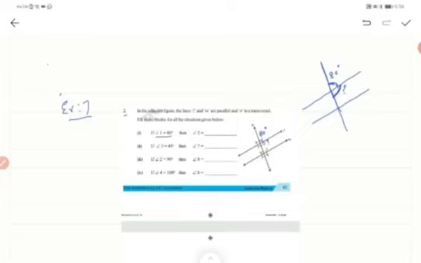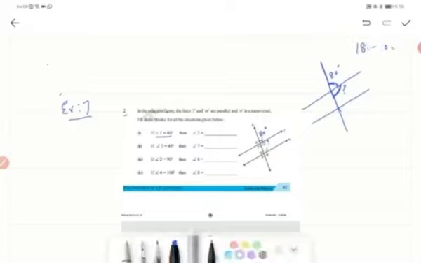If they are supplementary, you write angle 1 plus angle 2 is equal to 180 degrees. We know angle 1, so angle 2 is equal to 180 minus 80, which is 100 degrees.